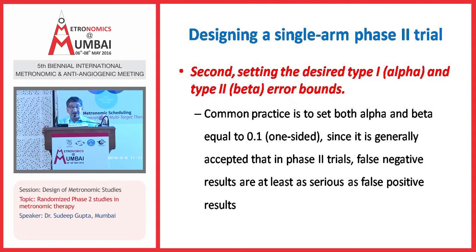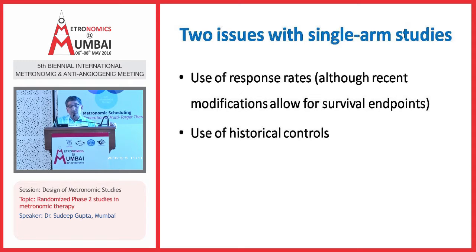But one wants to have a greater power because we don't want to reject a particularly promising regimen. So there are two issues with single arm studies. One is the use of response rates, and the other one is the use of historical controls.